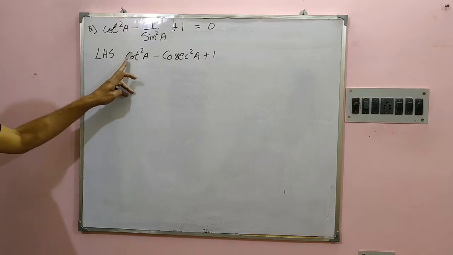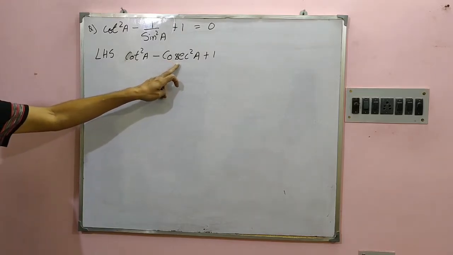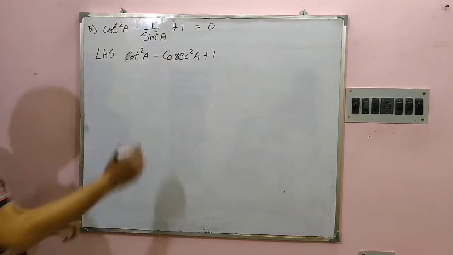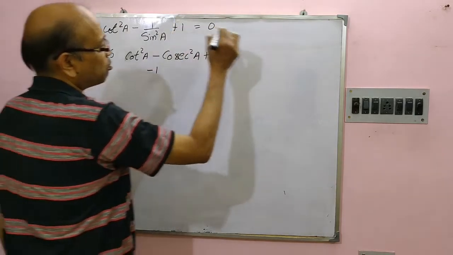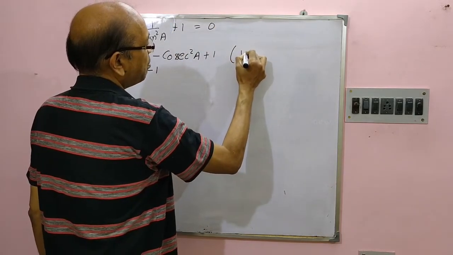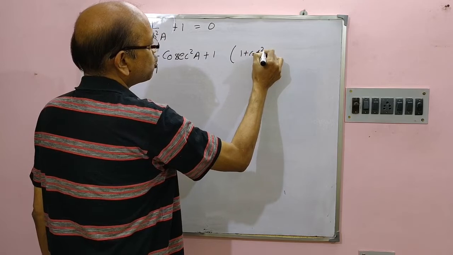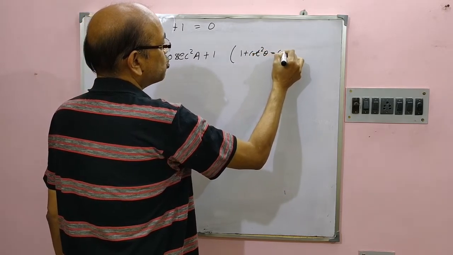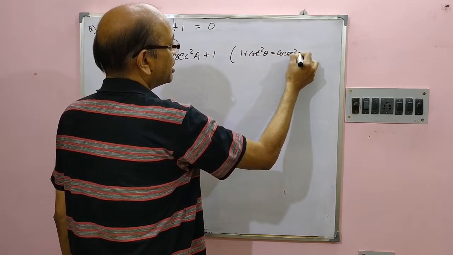Now cot square A minus cosecant square A is minus 1, because we know 1 plus cot square theta is equal to cosecant square theta.